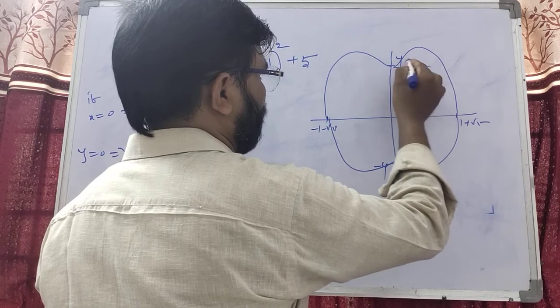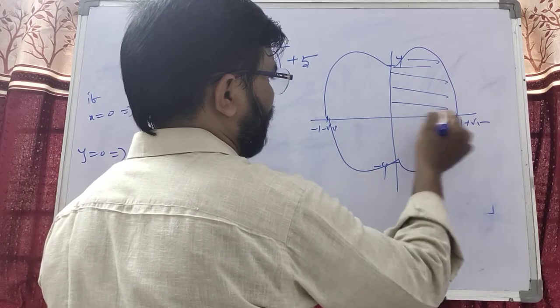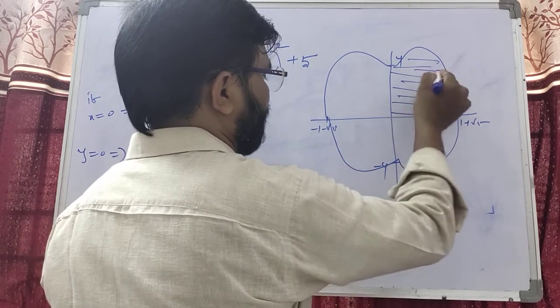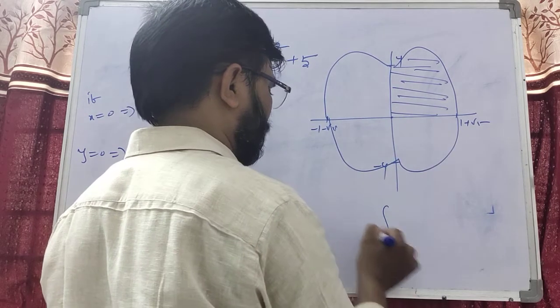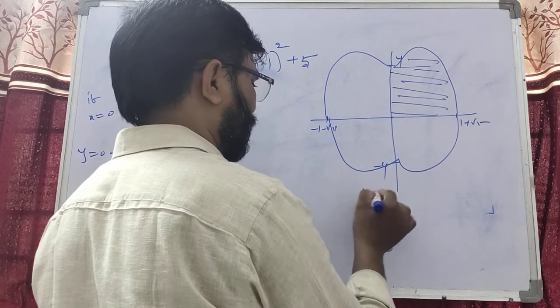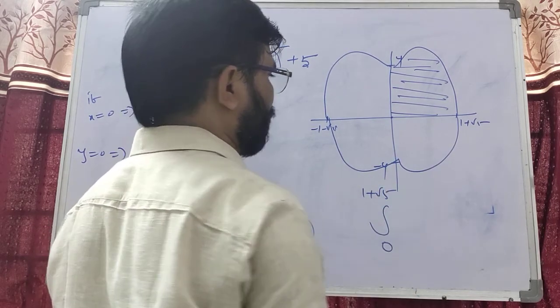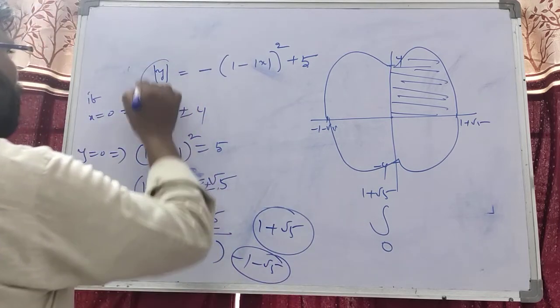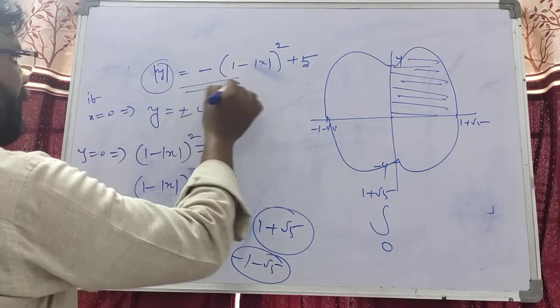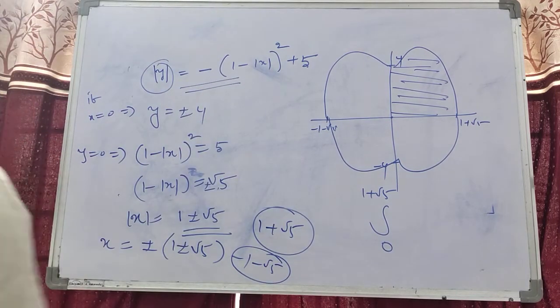First you have to find the first quadrant area. How to find this area? First quadrant, dear students, we are taking only 0 to 1 plus root 5, y dx. Dear students, we are taking in between 0 to 1 plus root 5.